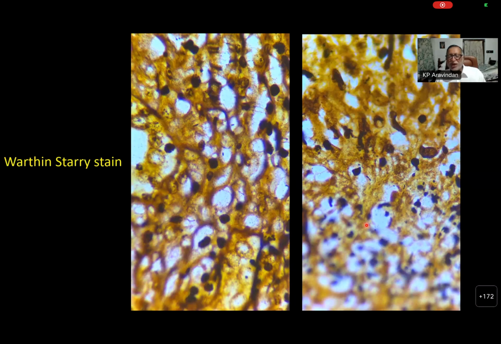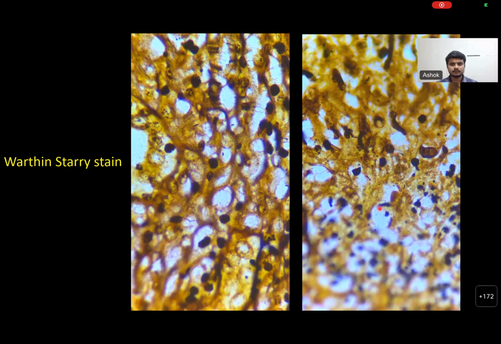It's not very commonly done, but it is very useful to get the Warthin-Starry stain either prepared in your lab or you can buy it now. You can get it straight away. The Warthin-Starry stain was done in this particular case, though it was not a lymph node, because it was so typical, and because the fungi were all negative. We did a Warthin-Starry, and you can see the bacilli here.